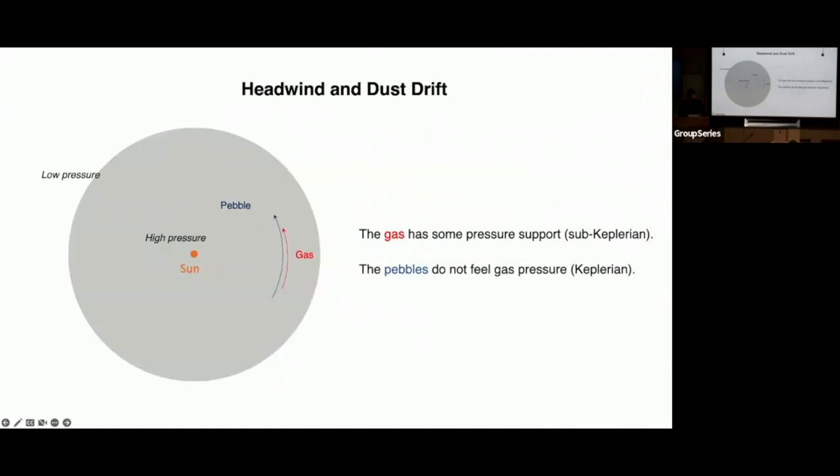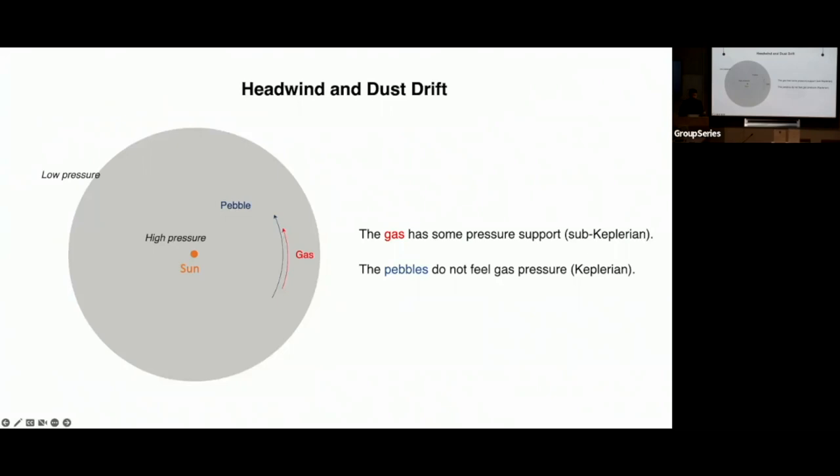Now, there is another problem here too: the gas and the pebbles are moving differently in the disk. The gas has support from the pressure gradient, in addition to gravity from the star and the centrifugal force from the orbit. The gas close to the star is hot and dense, and the gas out here is thin and cold, so you have a large-scale pressure gradient.